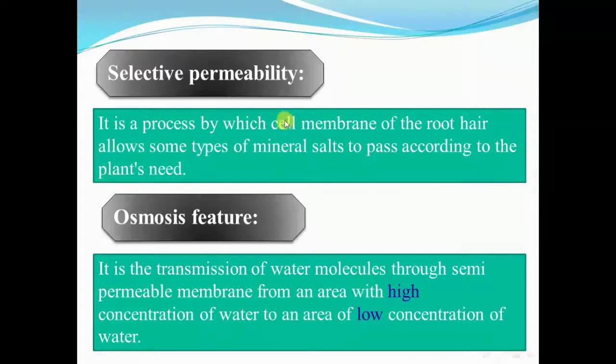We have some processes like selective permeability. What is selective permeability? Selective permeability is a process by which the cell membrane of the root hairs allows some types of mineral salts to pass according to the plant's need.